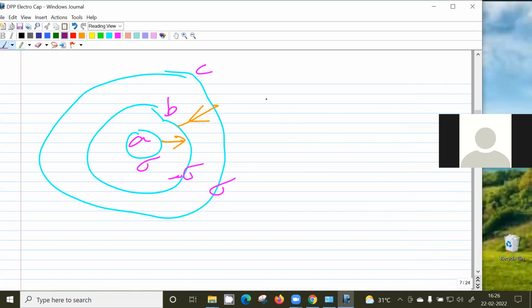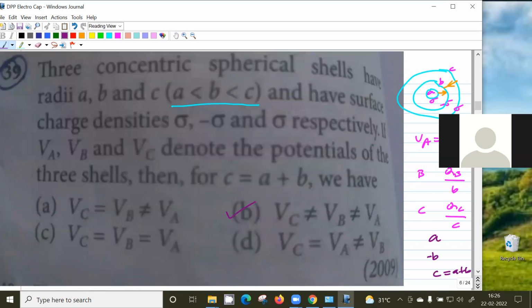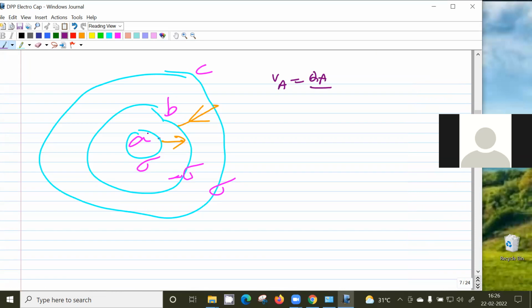So VA is potential due to this one. So it's QA by A, on that first shell. Plus the potential at this point, because there is no potential difference from here to here inside a charged shell.